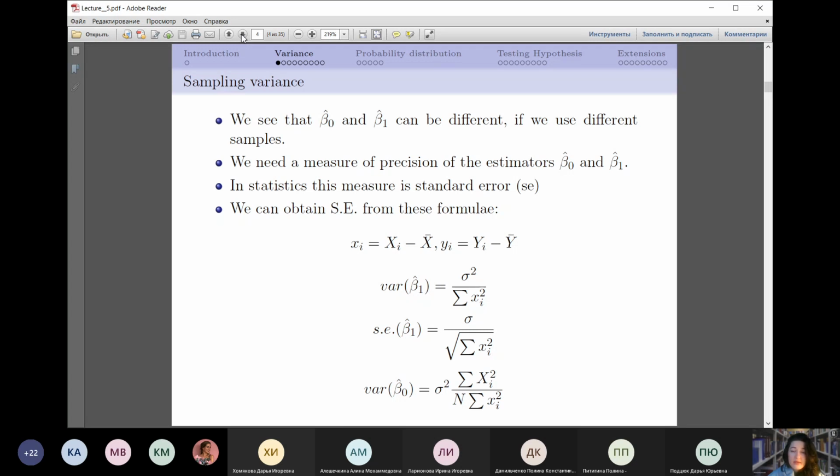Because you remember that our estimated parameters, let's name them beta 0 with the hat and beta 1 with the hat, of course, vary from sample to sample. For example, if we obtain these parameters from one sample, then we change the sample, but use the same population, we obtain other parameters.